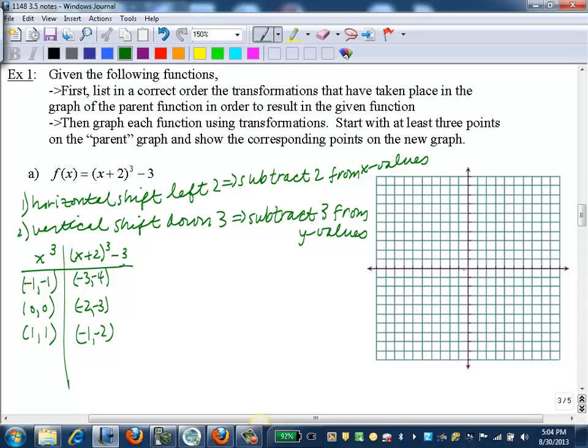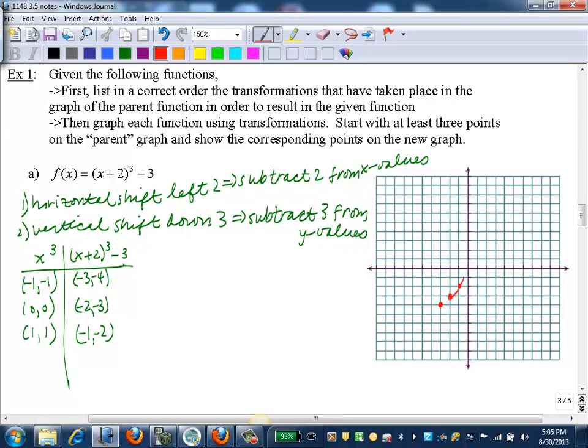Okay, so I'll use a different color here. I've got my point (-3, -4). Oh, whoops, (-3, -4): 1, 2, 3, and 1, 2, 3, 4. And then we've got (-2, -3), and we've got (-1, -2).